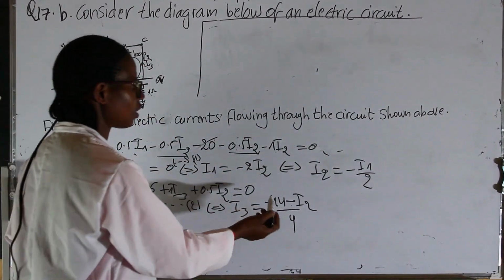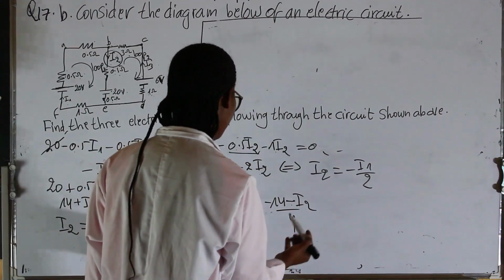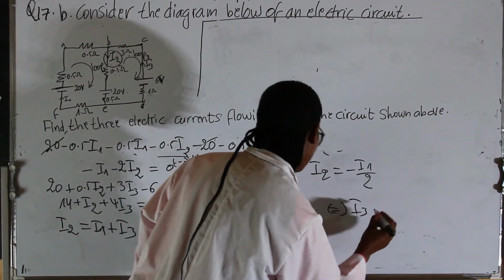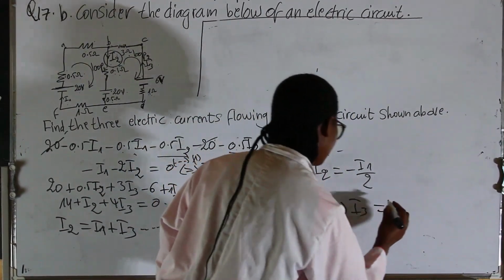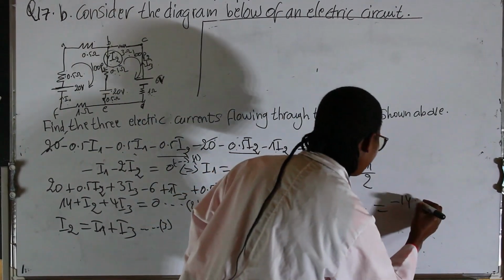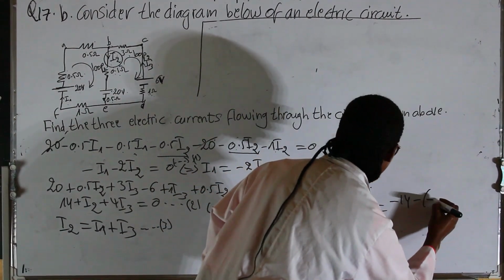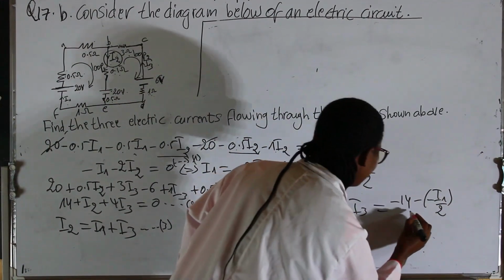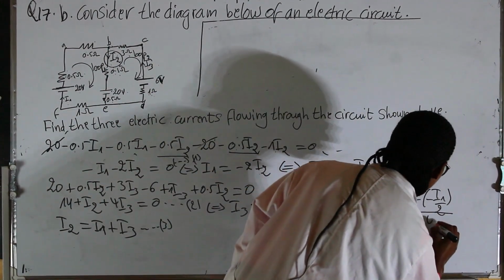Replacing the value of I2 here, we get I3 equal to minus 14 minus I1 over 2, divided by 4.